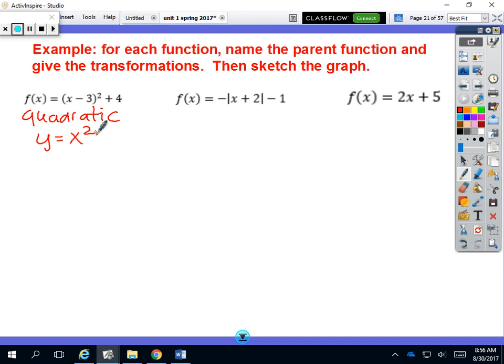What happened to this function from the parent function? Well, remember, the parent function, in other words with no translations, would be x minus 0 squared plus 0. This number gives me my left, right. This number gives me my up, down. So the minus 3, using your rules, it's inside and negative.